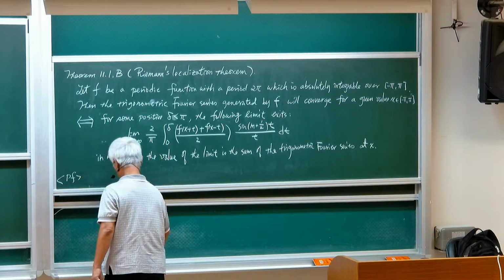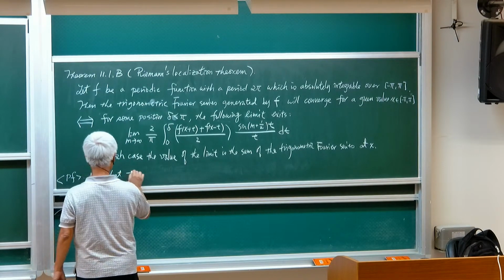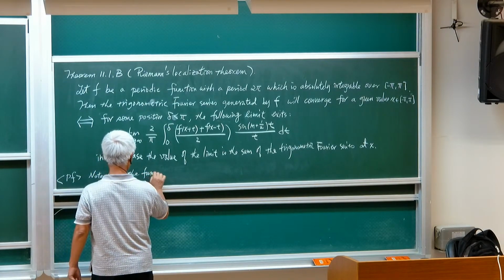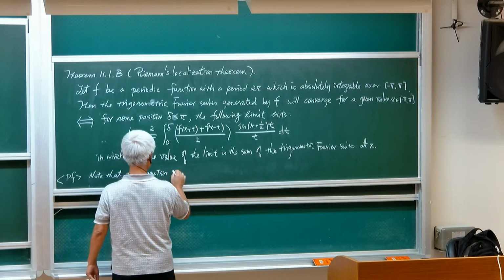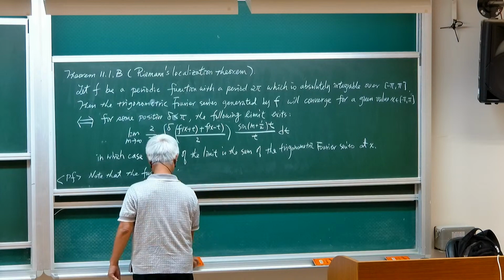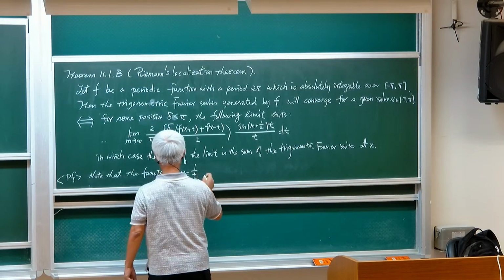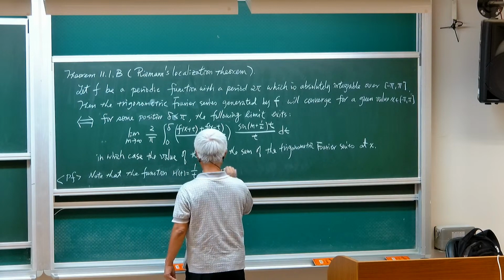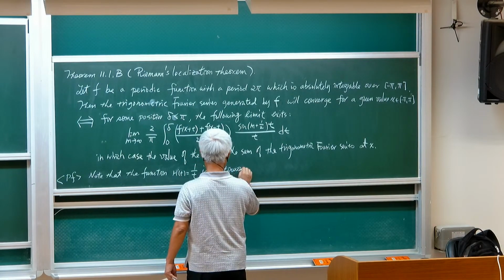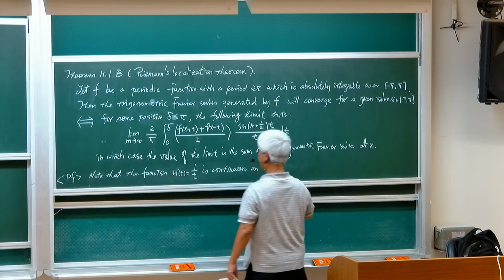I just stated. And note that the function h of t, the function h of t equal to 1 over t is continuous. Okay, delta to pi, right?